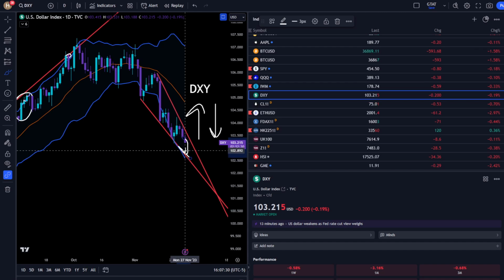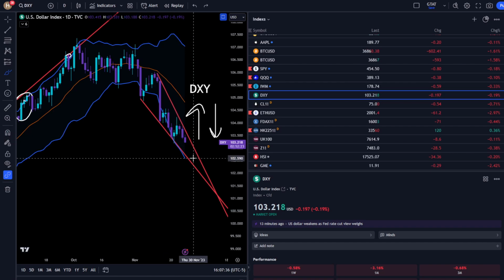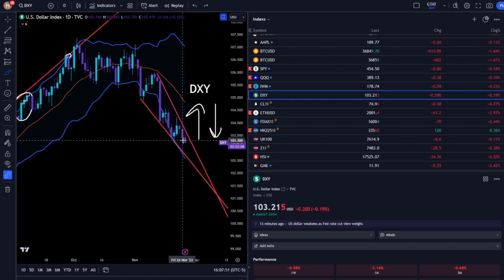So this is showing that the dollar has a bit more room to go down here to 102.50 potentially in the next few days, 102.55. So we can still fall lower on the dollar, and that would be very bullish for the market, and our puts would not do well in that instance.